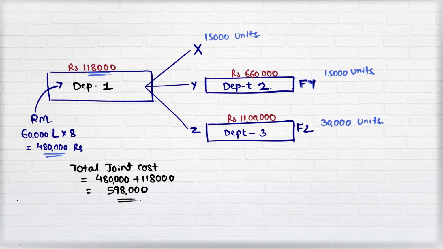I need to distribute the joint cost between X, Y, and Z. All of you agree? I want to distribute.